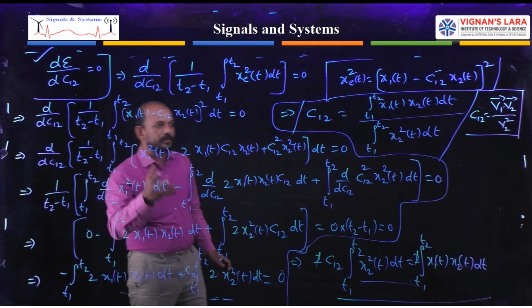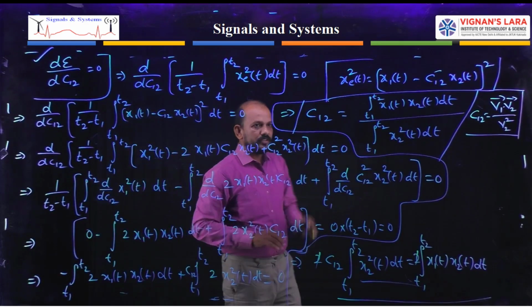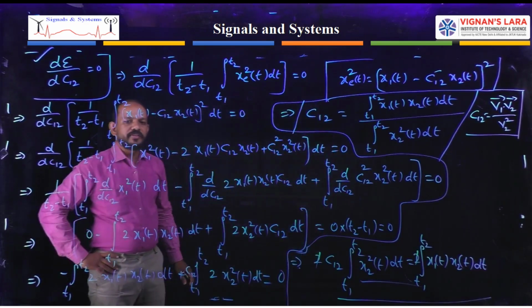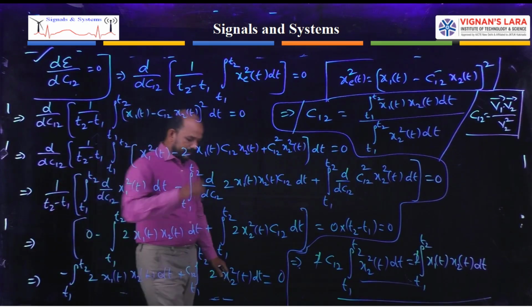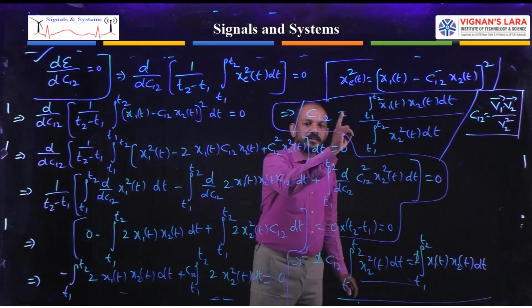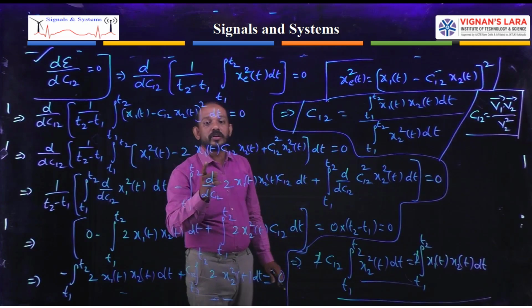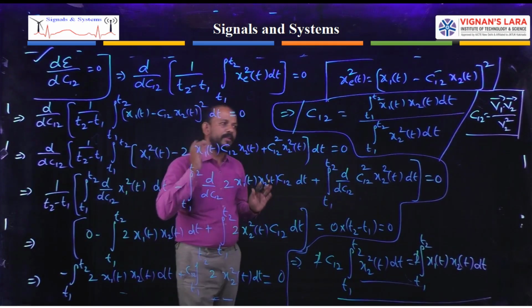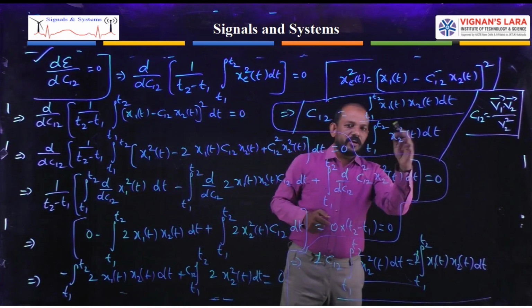The two signals are nothing but orthogonal signals. So if C12 equals 0, then we can say the two signals are orthogonal, that is, they are perpendicular to each other.